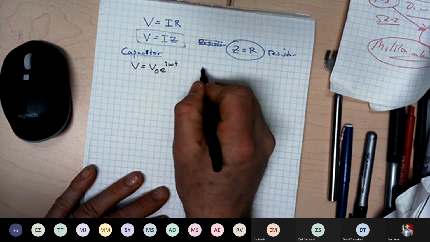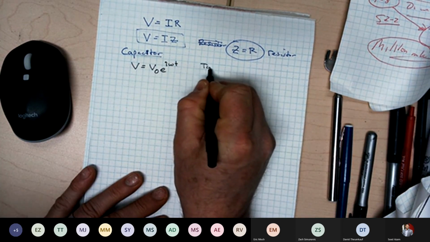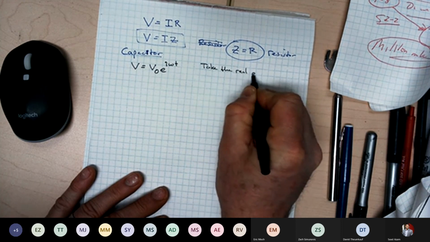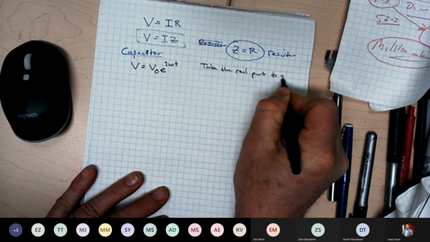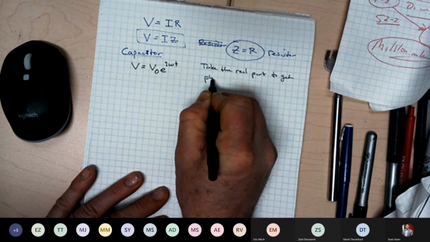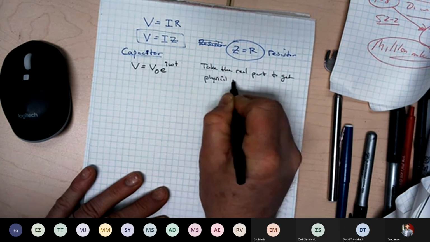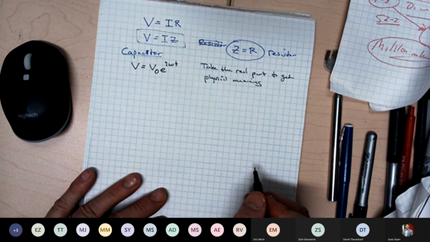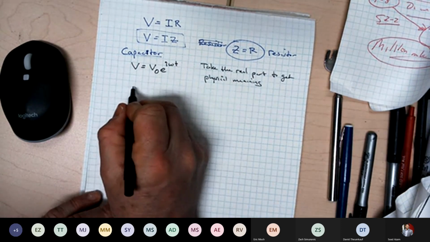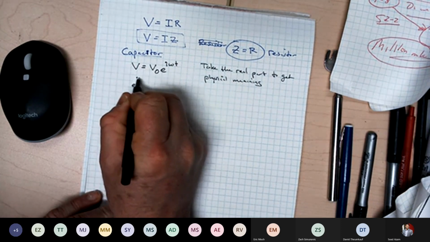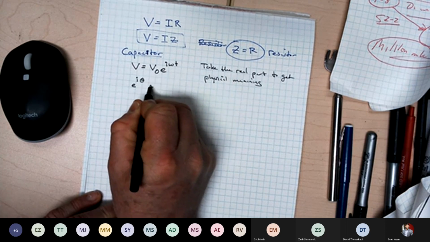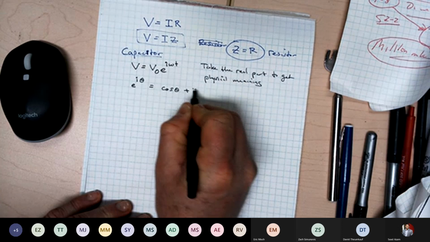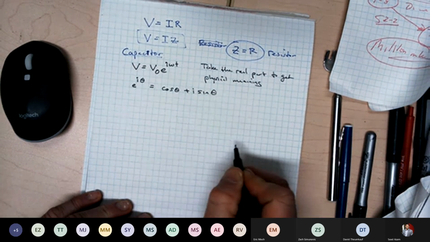So what you have to do is take the real part to get physical meaning. And you have to know that e to the i theta is equal to cosine theta plus i sine theta.